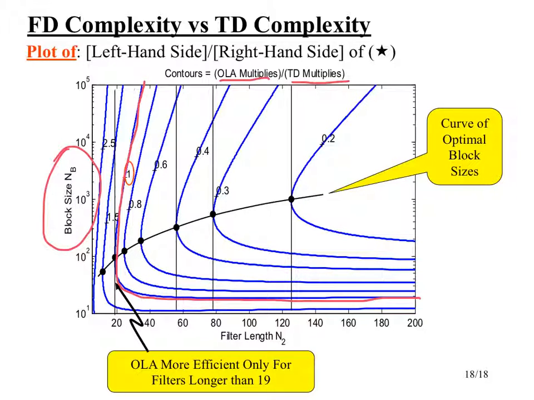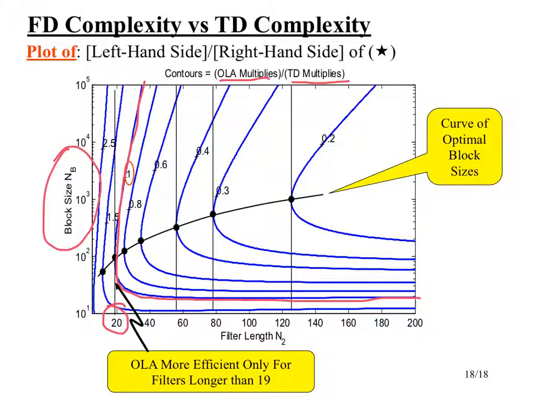If we look at this vertical line here that just kisses the 1 ratio curve, so pretty much if we have a filter of length 19, 20, something in that order, we're right on the boundary of whether it's better to do it OLA or direct time domain. The big thing that we see here is that the longer the filter, the better this scheme works.